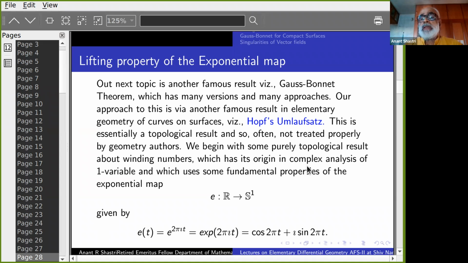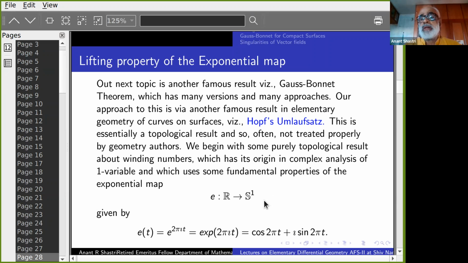The fundamental thing that I am going to use is a simple map, namely the exponential function restricted to R, but the complex exponential function, not the e raised to x from R to R.